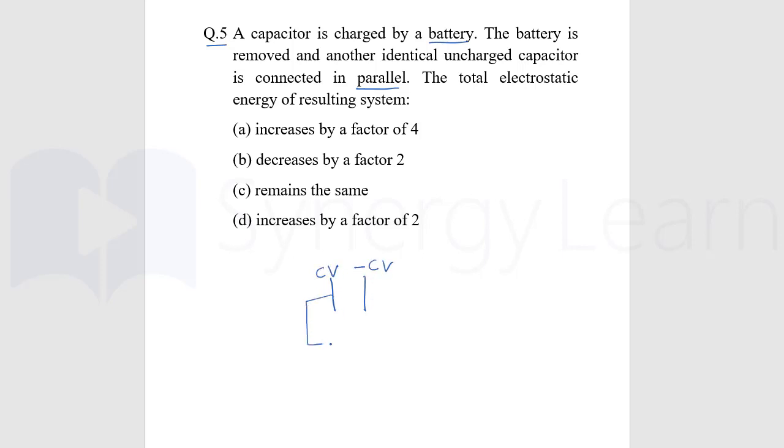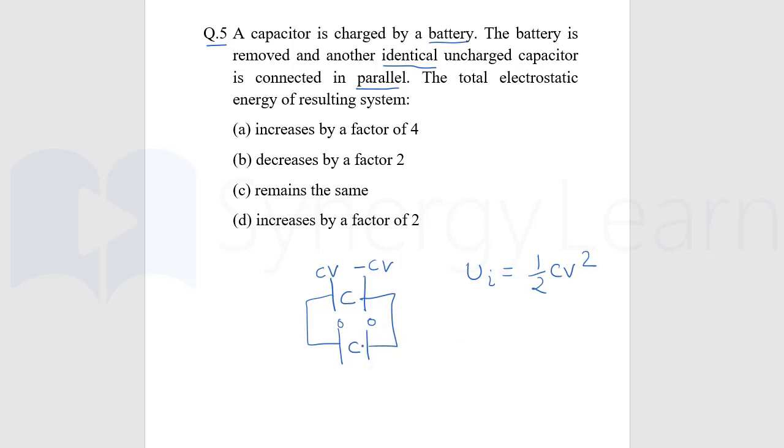Now it is connected in parallel to an uncharged, say zero charge, capacitor, but identical. So the capacitance is C, and the other also has capacitance C. Now it says the total electrostatic energy of the resulting system. Initially it had energy half CV square.